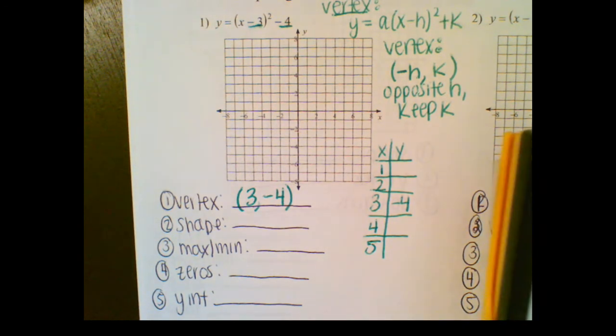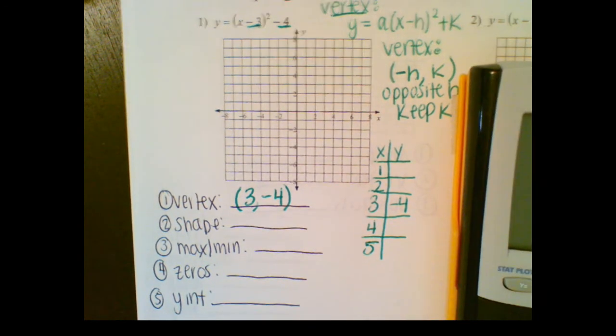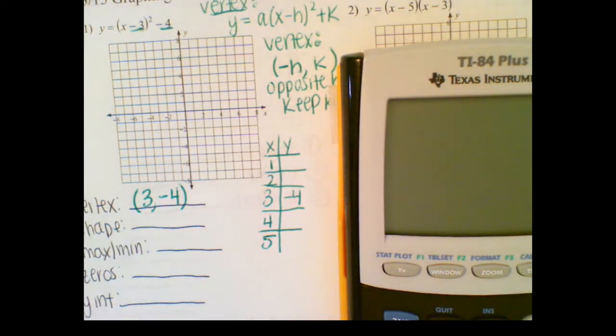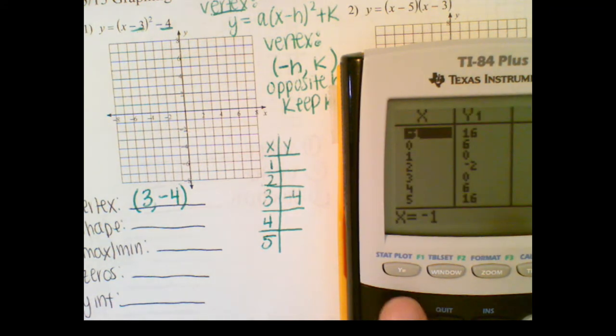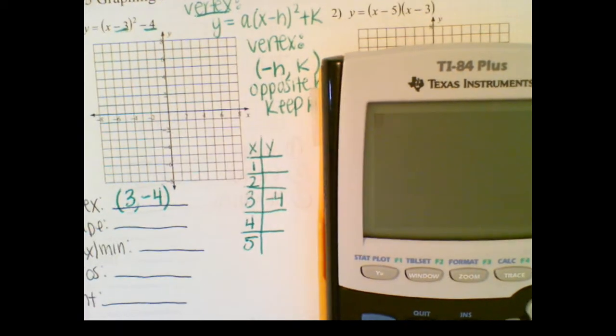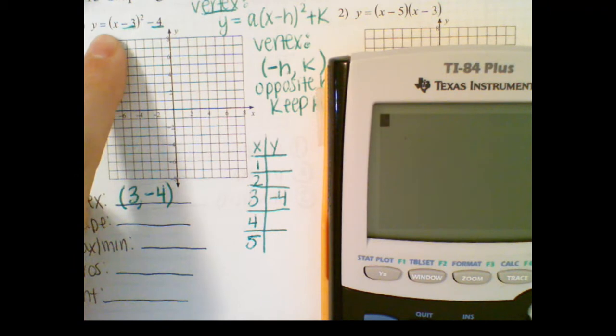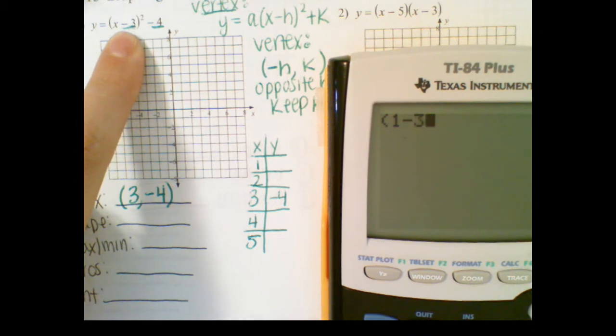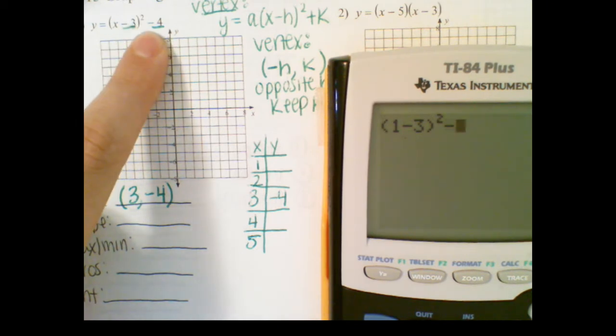And it's the same value as the k. And now what we're going to do is just use our calculator the same way as we did previously in standard form. And I'll do the top two in the way for no matter what calculator you have. And then the bottom two, I'll do the shortcut with the graphing calculator if you have it on your phone or on your computer. So the equation is y equals (x minus 3) squared minus 4.